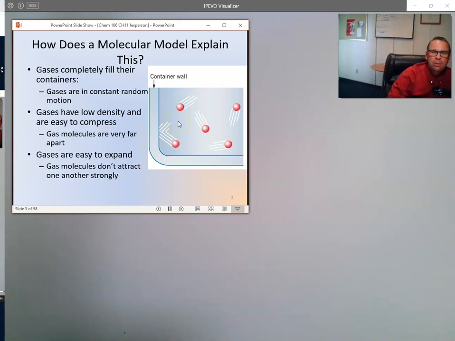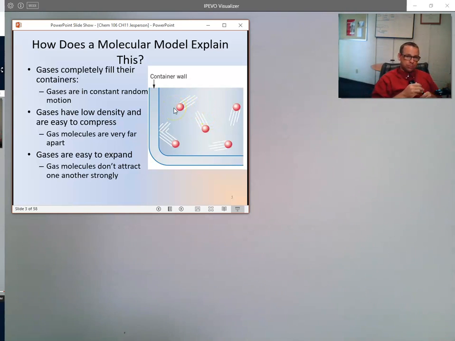When we talk about gases, what we want to envision at an atomic level is individual atoms zooming around whatever container they are in, bouncing into the sides of the walls.